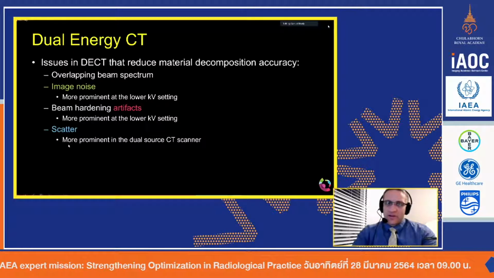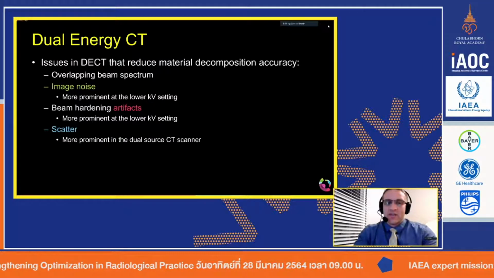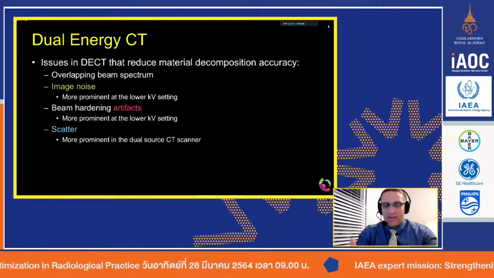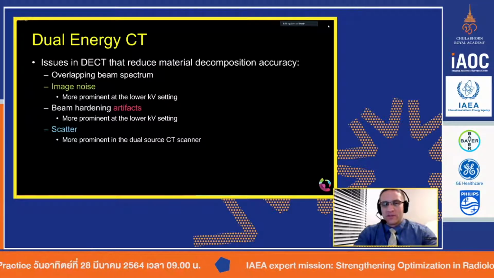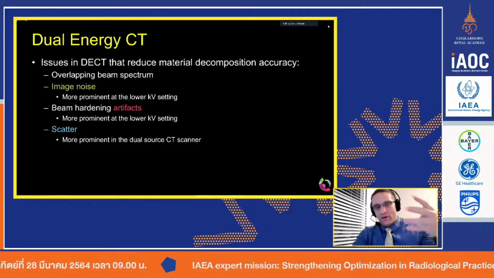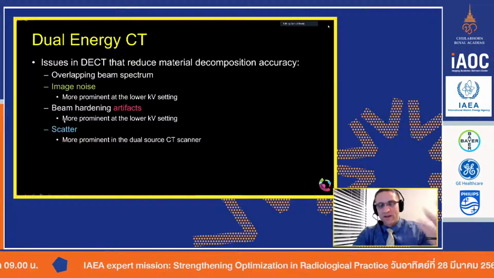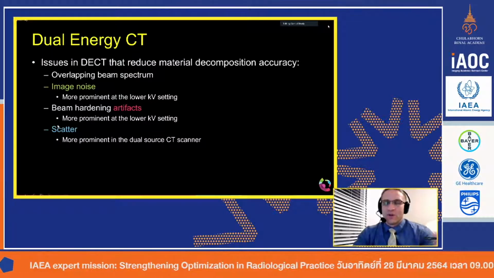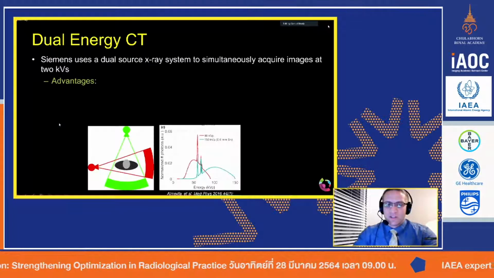Scatter is noise in another way of saying it, but scatter effects can affect the way we calculate dual energy. So these are the four fundamental things we need to optimize when we create dual energy CT: overlapping beam spectrum, image noise, artifacts, and scatter.